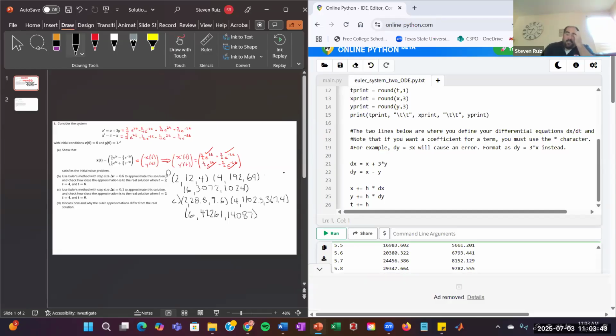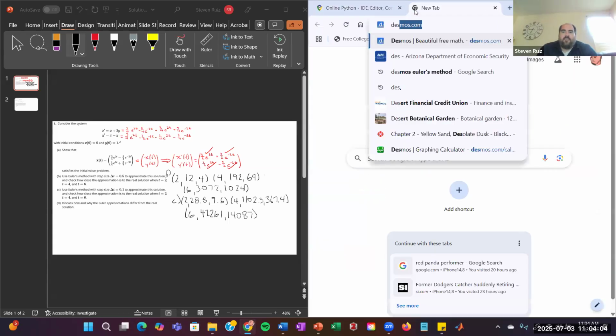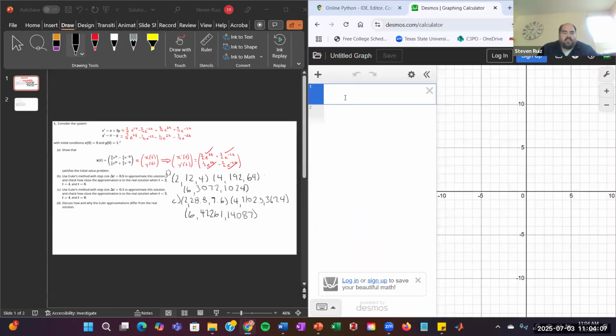In general, we say that smaller step sizes lead to better approximations. And since these are so different, I'm going to assume that my first set of approximations is far worse. Only way to know that for sure is to go to Desmos, and I want to use that again. So now let's define our equations. f of x equals 3 over 4 e to the 2x minus 3 over 4 e to the negative 2x.